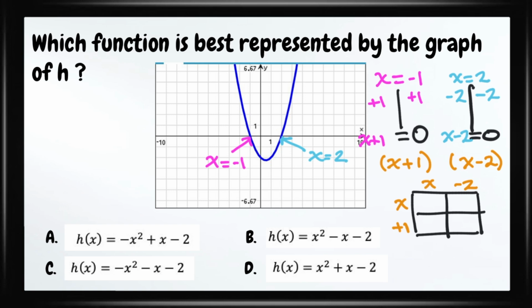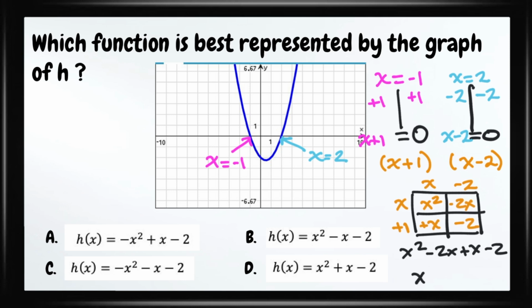So in the first box, I have x times x. That'll give me x to the second power. Then I have x times negative 2, that's negative 2x. And then I have 1 times x, which is just plus x. And then at last, I have 1 times negative 2, negative 2. So all that I'm going to do now is write all of my answers: x to the second power minus 2x plus x minus 2.